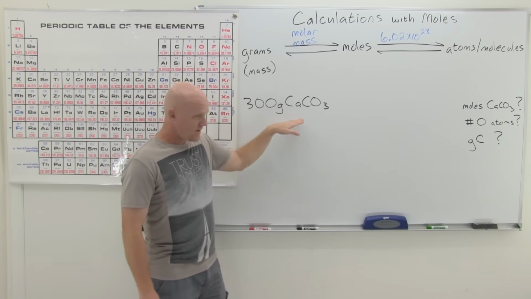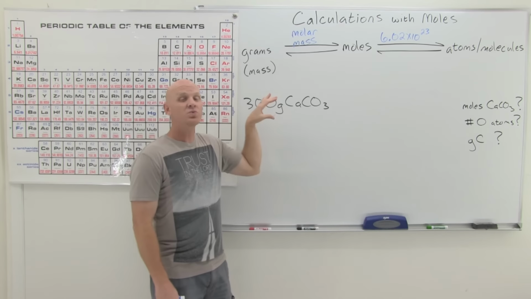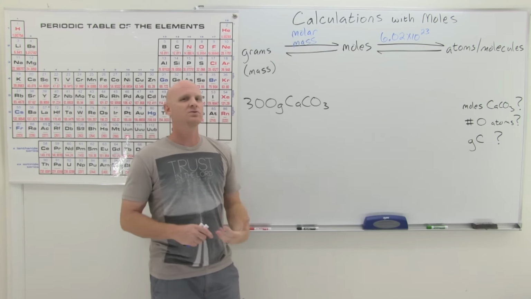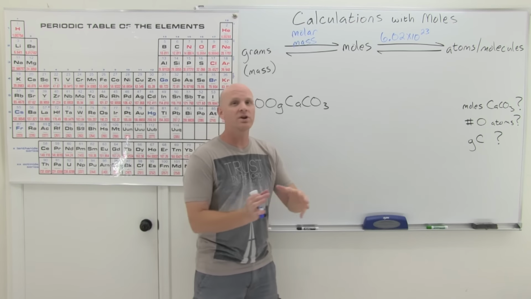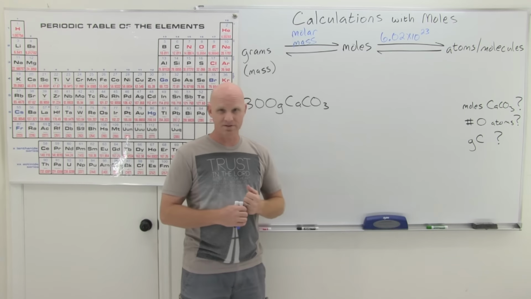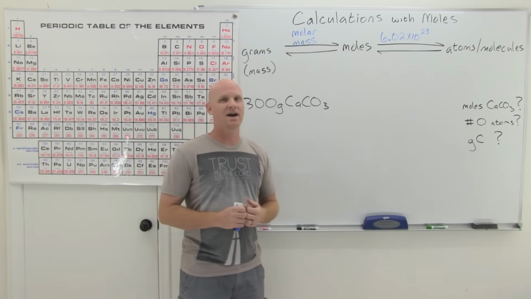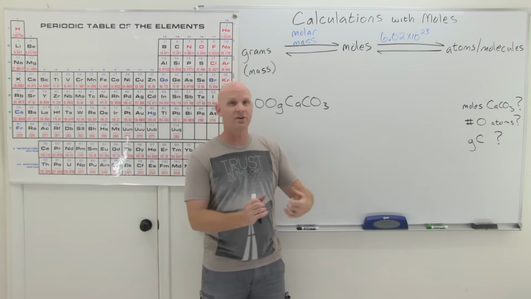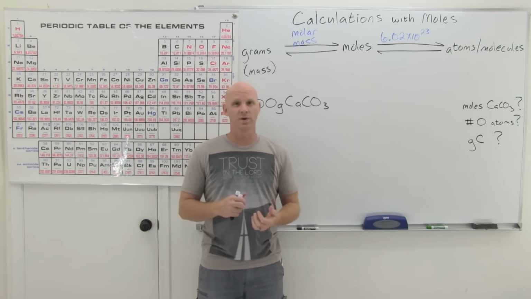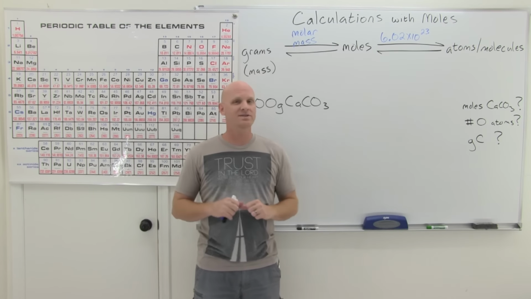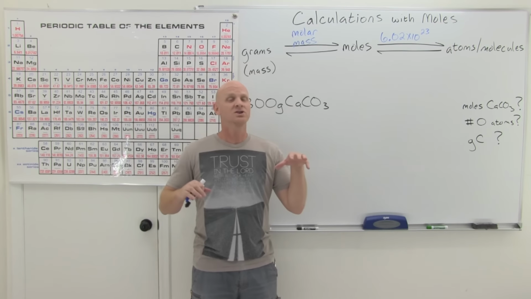So one thing we're going to do here is use really, really nice numbers. The idea is that if we can use really nice numbers and you can understand what you're doing, then when you get a question that doesn't deal with nice numbers, hopefully you've got the process down. I said at the beginning of this lesson that we're going to make sure that you not only know how to perform these calculations, but that you understand what you're doing. That by no means means that you don't need to learn the process of performing these calculations. So super important.